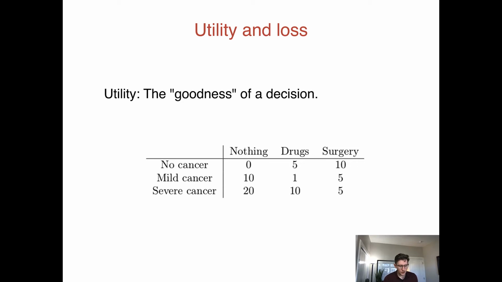So for example, maybe if we do nothing and the patient had severe cancer, well, it's really bad. The patient probably dies or whatever. Maybe the surgery is so invasive such that if the patient has mild cancer, it's just as bad to leave that mild cancer completely untreated as it is to do surgery on a patient with no cancer.